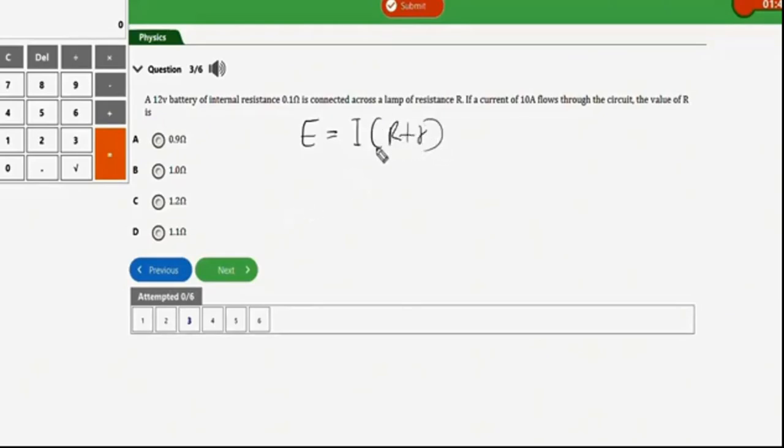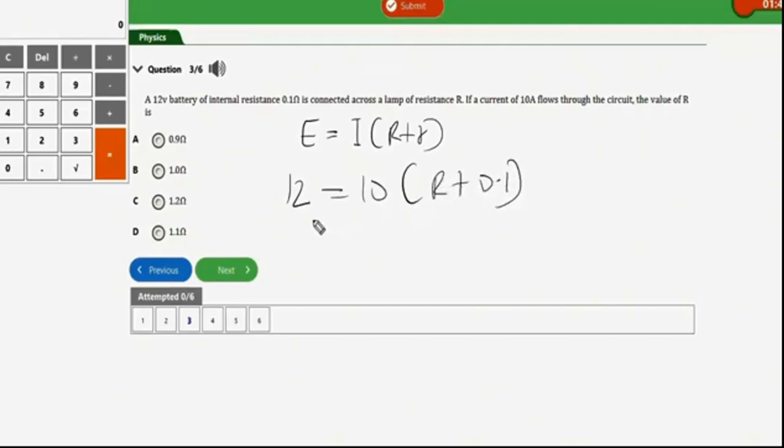So in this question we have the E, the electromotive force, to be 12 volts, and the current is 10 ampere. So in brackets, they are looking for the resistance, unknown, plus our internal resistance, which is 0.1.